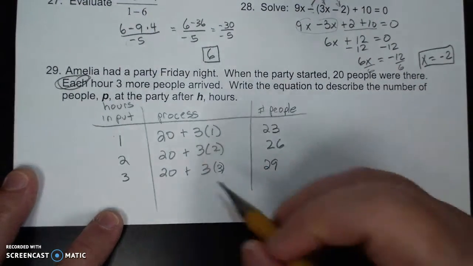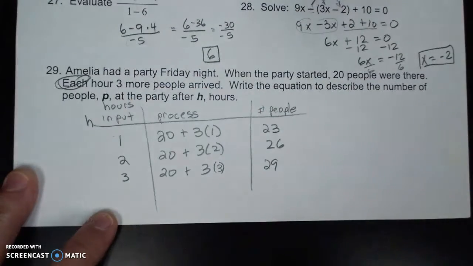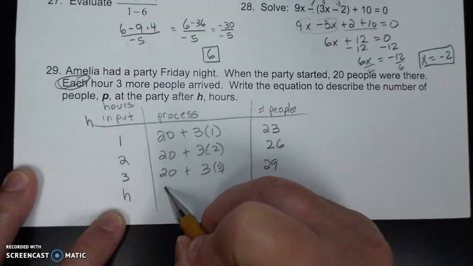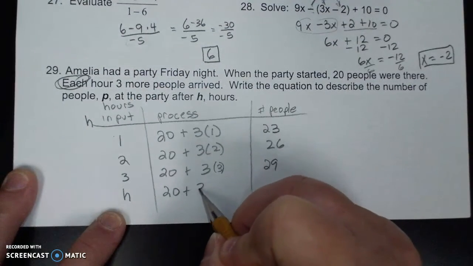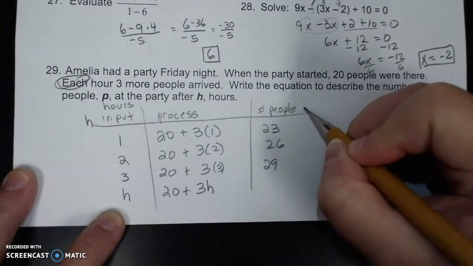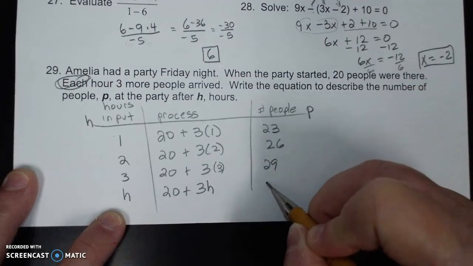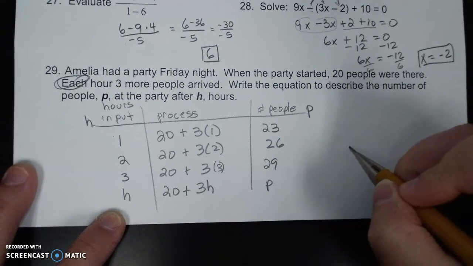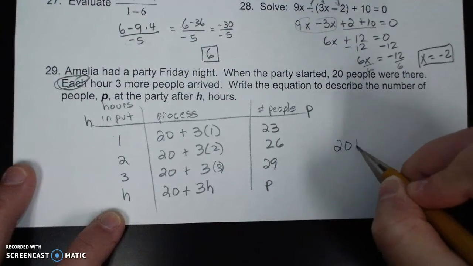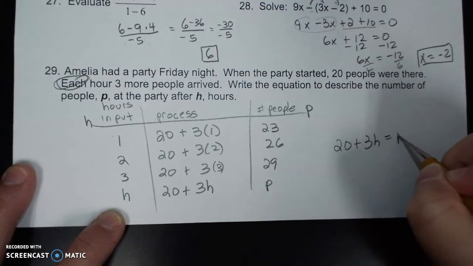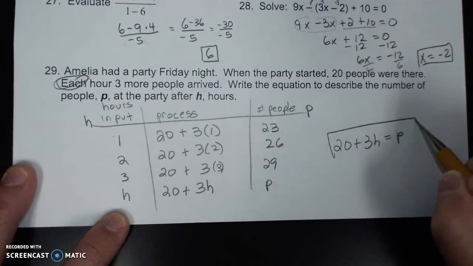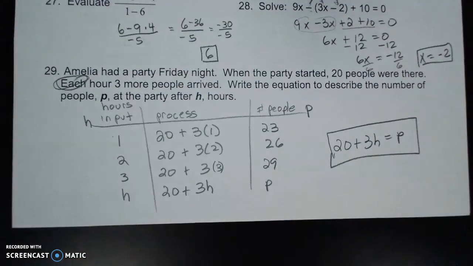They want this to be the variable h. So 20 plus 3h, and this variable is p. So your equation is 20 plus 3h equals p. That is your equation to find the number of people.